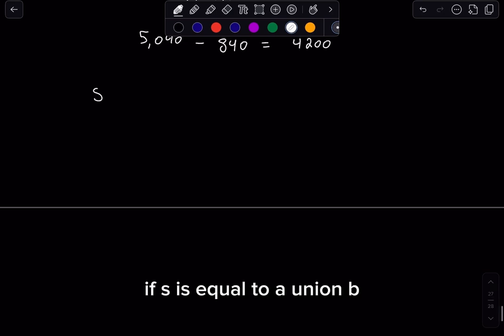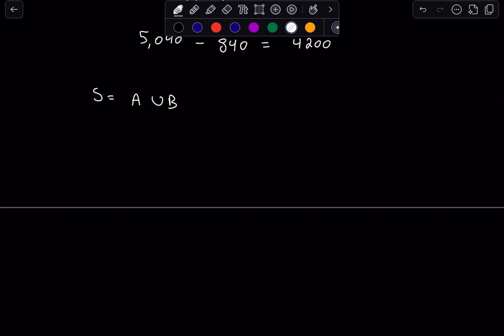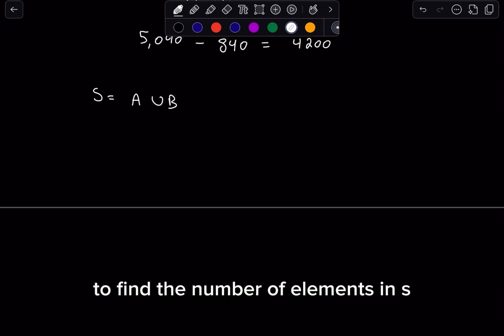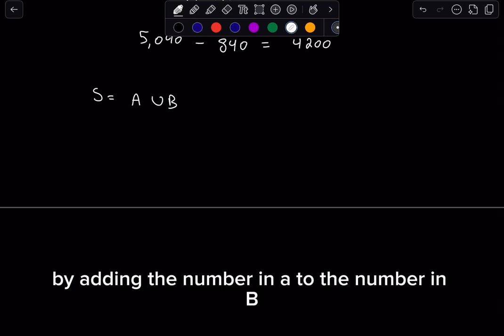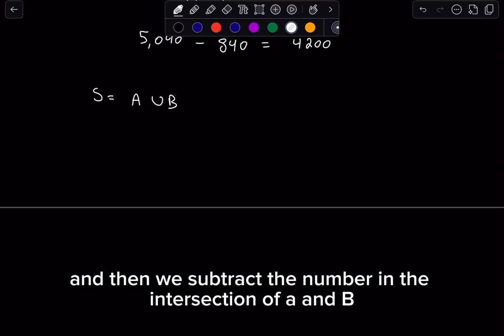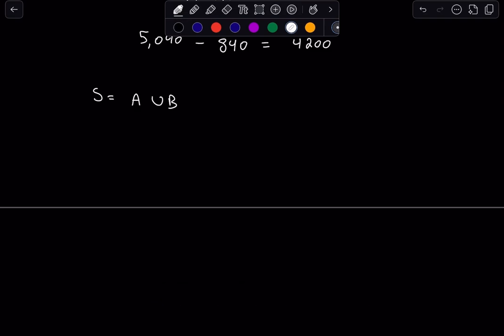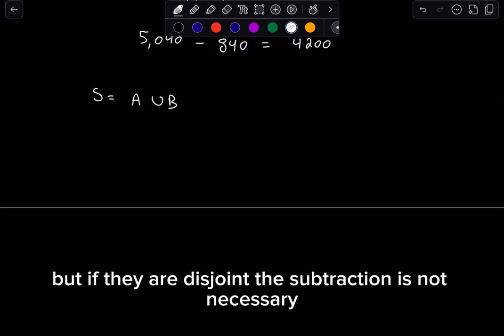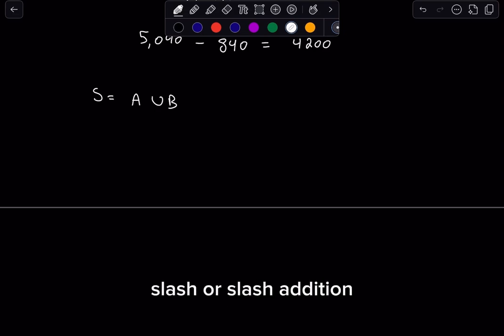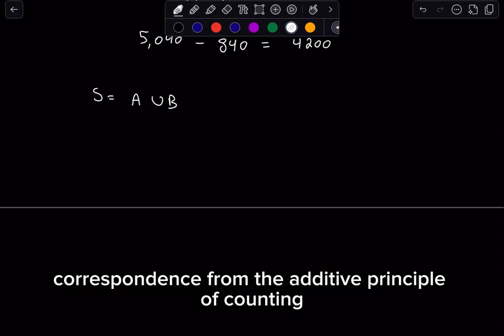If S is equal to A union B, the cardinal number formula from earlier says to find the number of elements in S by adding the number in A to the number in B, and then we subtract the number in the intersection of A and B if A and B aren't disjoint. But if they are disjoint, the subtraction is not necessary, and the following principle reflects the union/or/addition correspondence from the additive principle of counting.